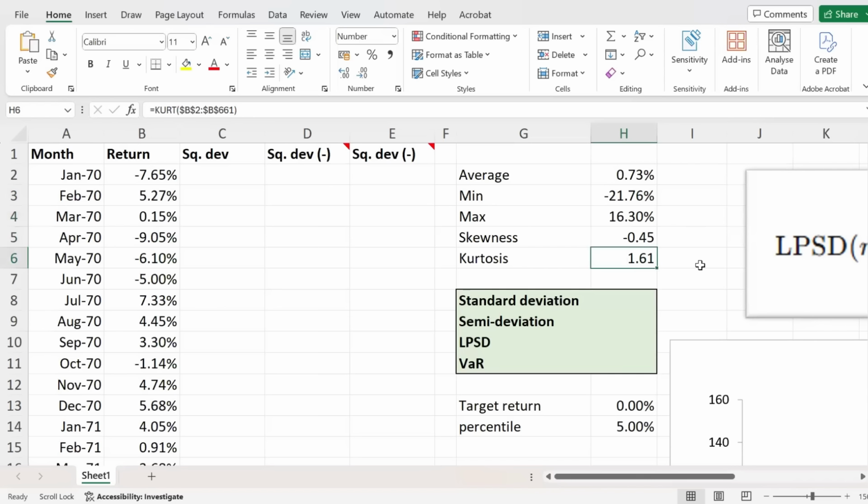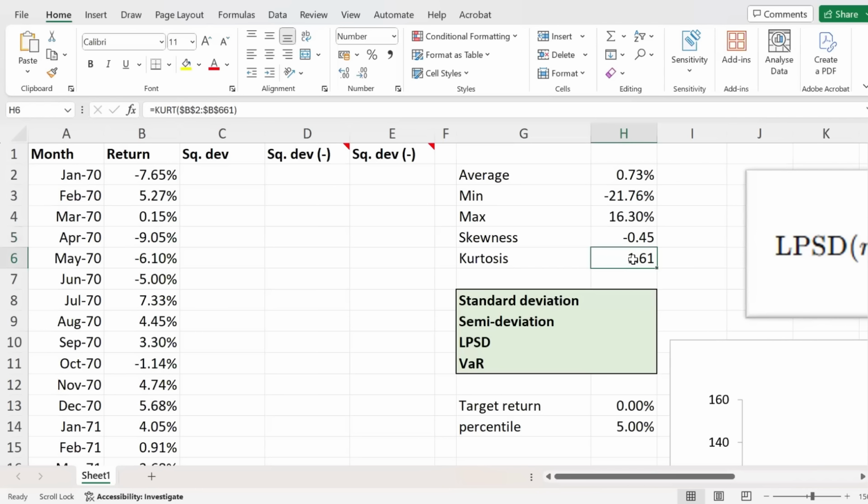We've got two more useful statistics here, skewness and kurtosis. Skewness captures the symmetry of a distribution. A symmetric distribution has a skewness of 0, whereas in this case, there's negative skewness. And normally, a normal distribution would have an excess kurtosis of 0, whereas this distribution has an excess kurtosis of 1.61, which means that it has fat tails.